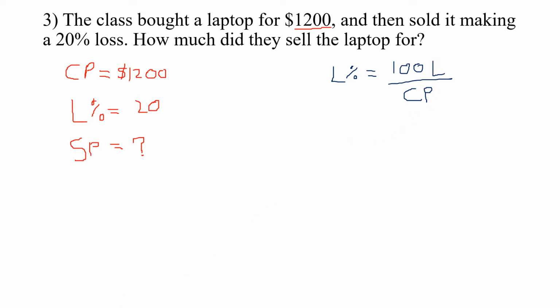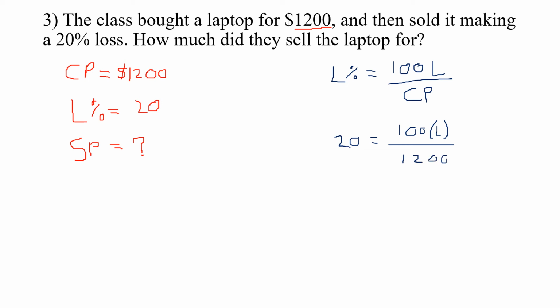The loss percentage we know is 20, that was given, and the cost price is 1,200. So that's 20 equals 100 times L, the L still unknown, over 1,200.